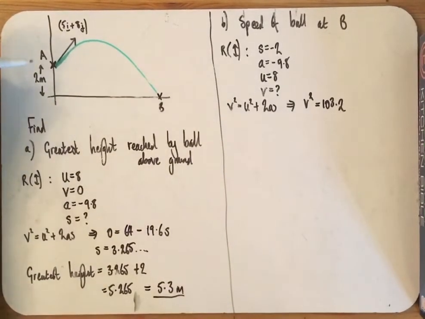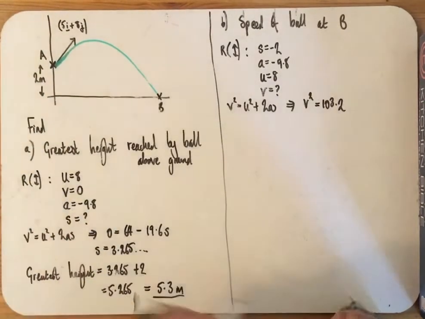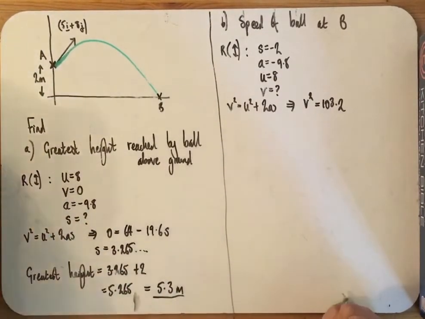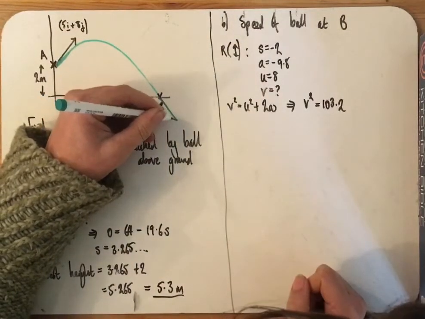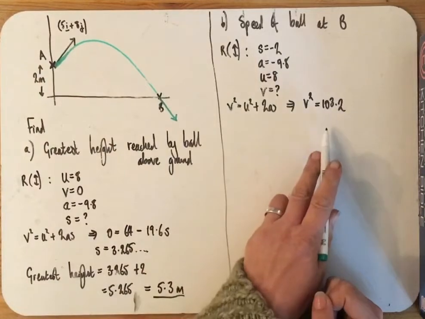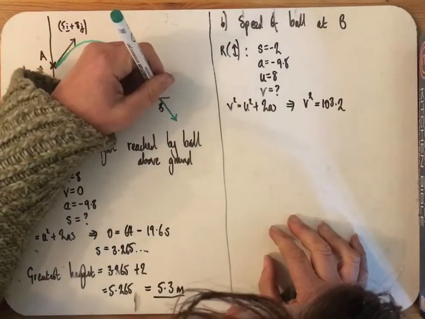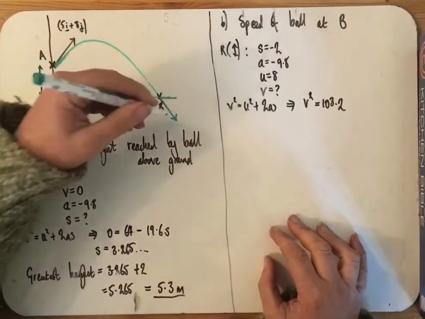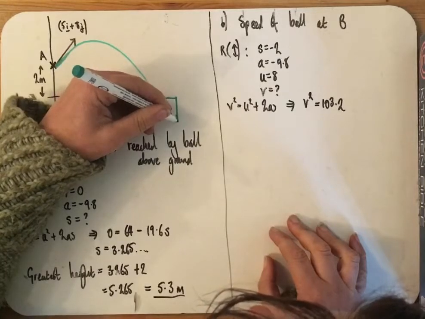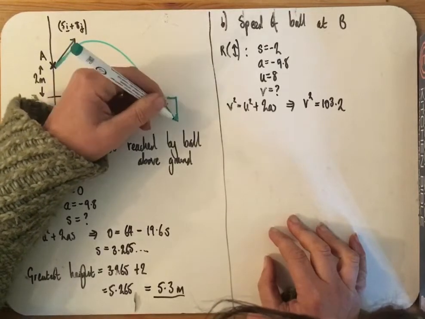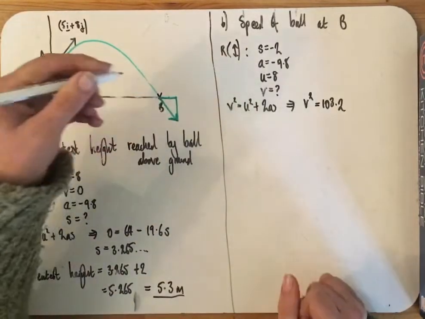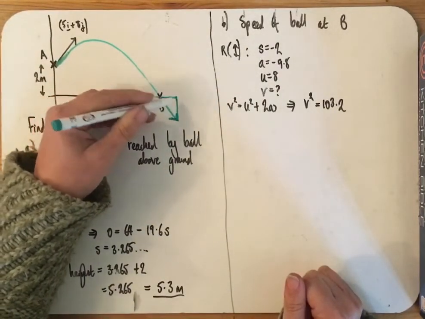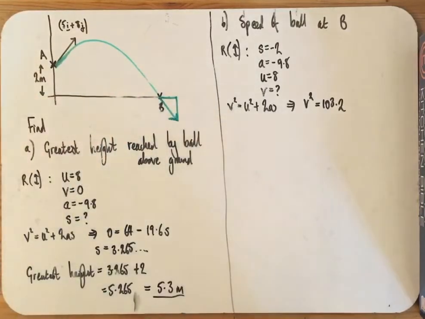Remember, this is just the vertical component. And so when we're coming down here, like this, v is plus or minus the square root of 103.2. So you're going to have a horizontal component and a vertical component. And to find the speed, you need to use Pythagoras.